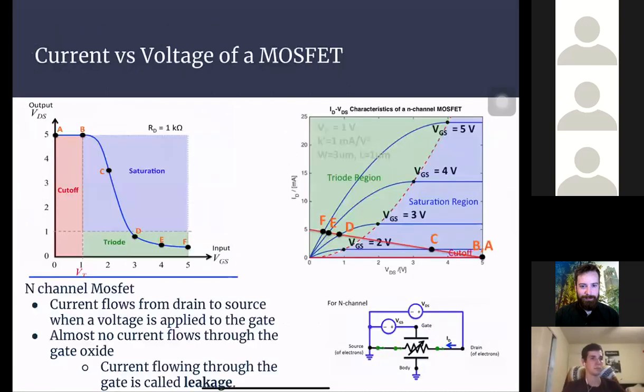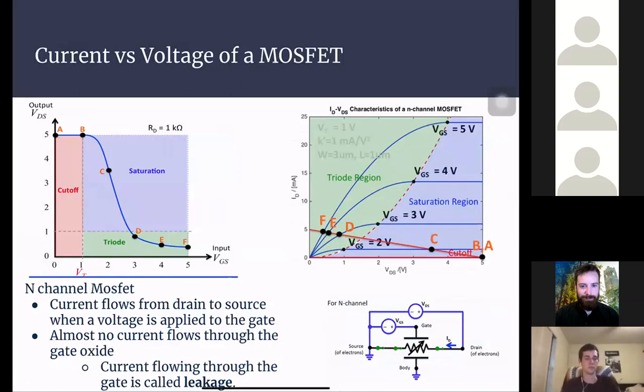Now, these are the current versus voltage diagrams. You don't need to check into all the weird looking curves and the colors and everything. You just need to know 3 words: cutoff, saturation, triode. In the cutoff region, if you apply voltage, you don't get any current. But the saturation region is the region that we use in MOSFETs.